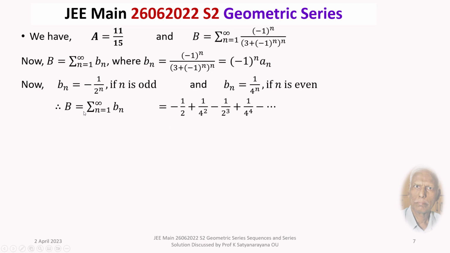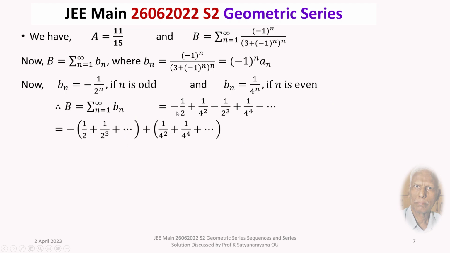Therefore, capital B is equal to the sum of the series sigma n is equal to 1 to infinity Bn, is equal to B1, which is minus 1 by 2, plus B2, which is 1 by 4 square, and B3, minus 1 by 2 cube, plus 1 by 4 power 4, and so on and so forth. As in the first case, now separate them.